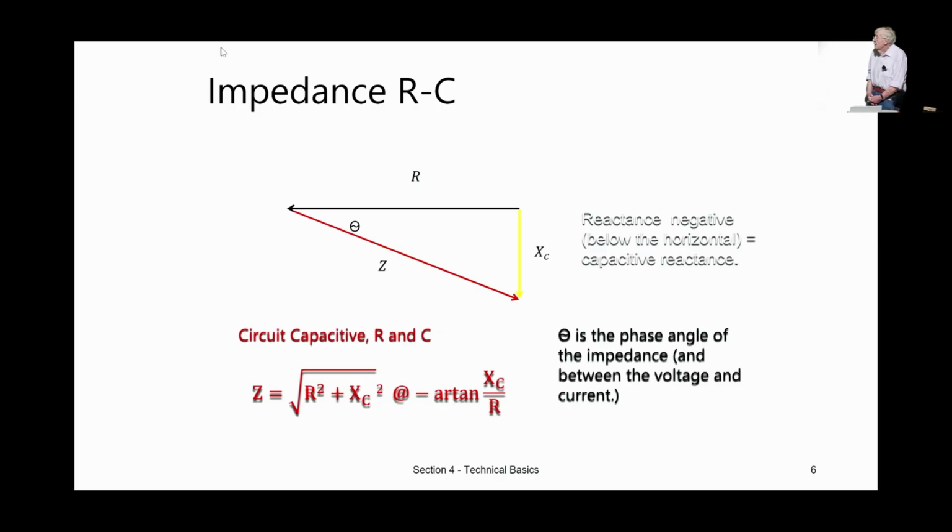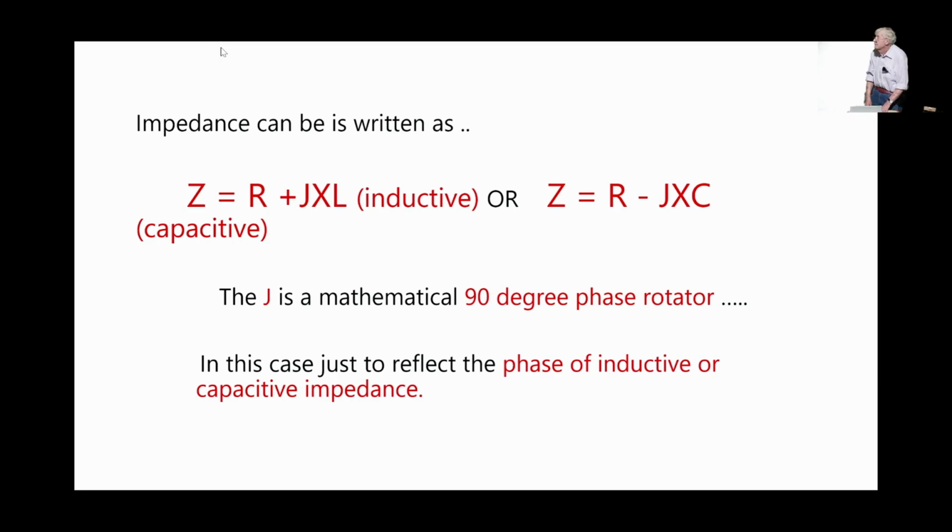It could have been the other way around. It's absolutely arbitrary, but somebody decided that we would have inductive reactance vertical like that, and capacitive reactance negative. It could have been the other way around.